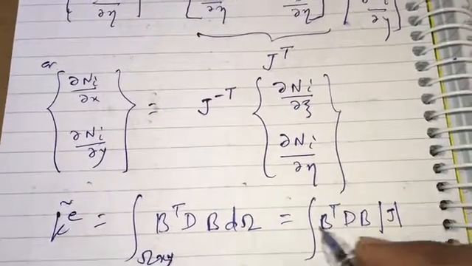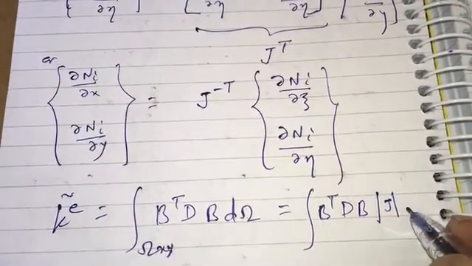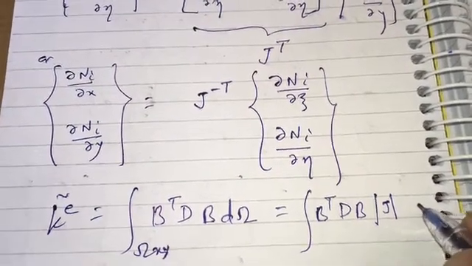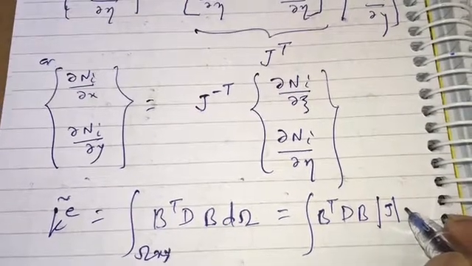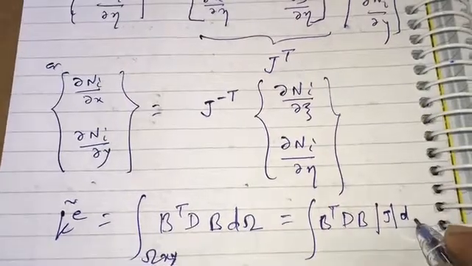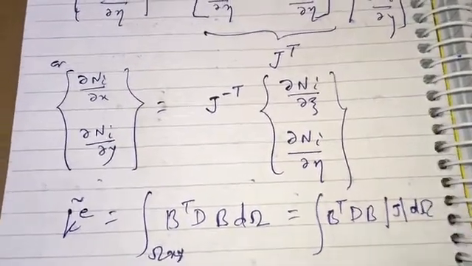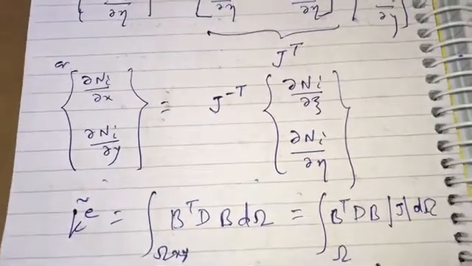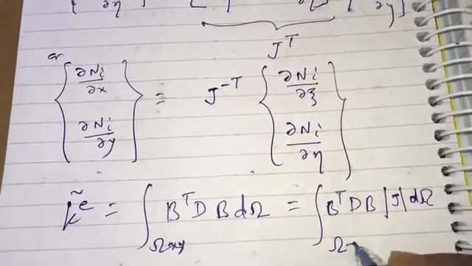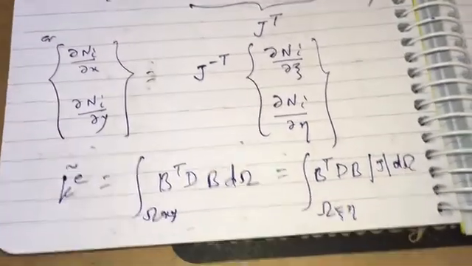So, this j d omega will be nothing but j times d omega, where omega is with respect to the xi eta system.